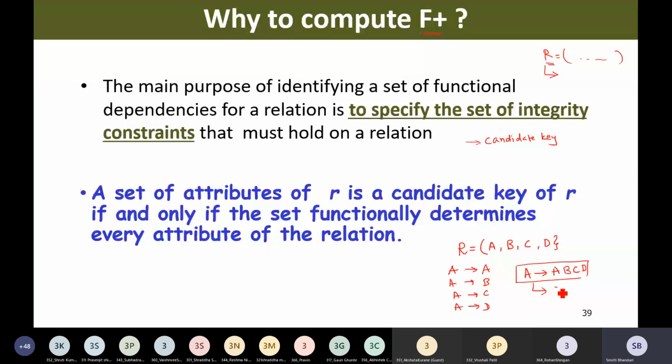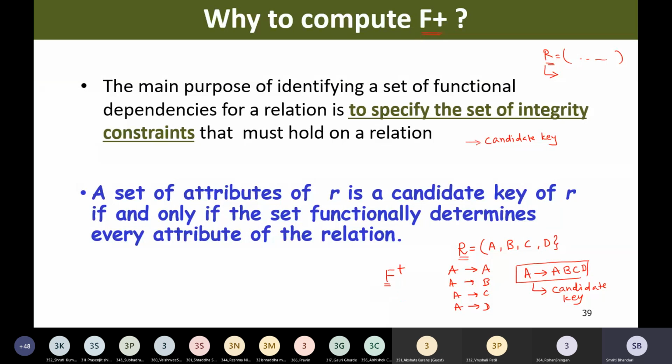If this is the case, then I may say that this is my candidate key for the relation. So if I know all the functional dependencies that exist for this relation schema R, then it is possible for me to check for candidate keys of the relation. That is one of the motivations why we are computing this F plus.